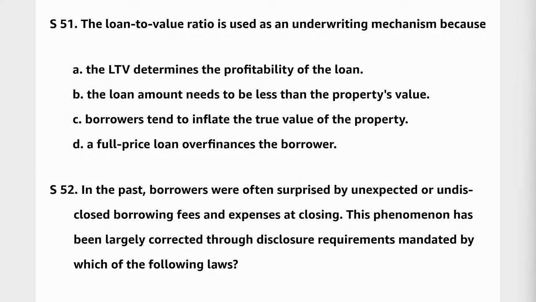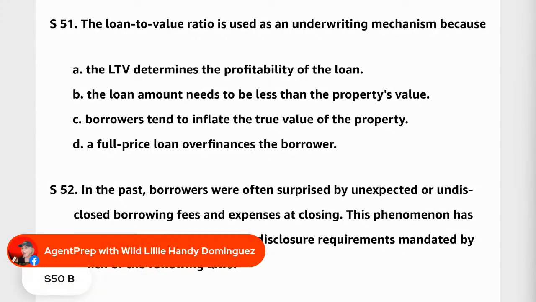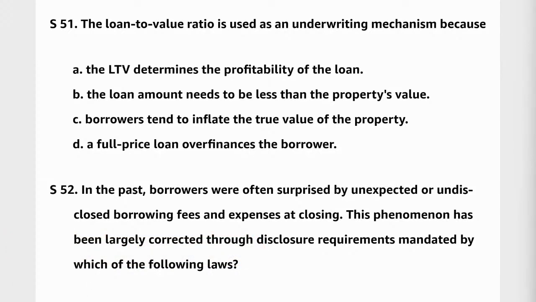Number 51. Did I show the answer for 50? Yeah. So 50 was B, right? Okay. 51. The loan to value, LTV is the abbreviation, ratio is used as an underwriting mechanism because A, the LTV determines the profitability of the loan.